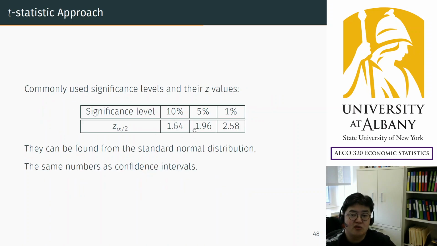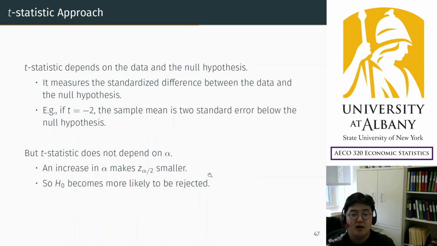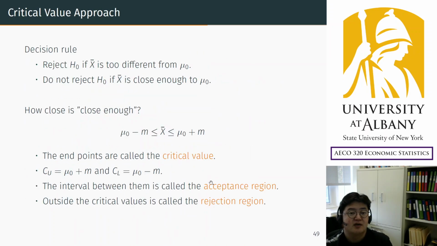Okay, so also the common numbers: 10%, 5%, 1% correspond to these numbers. And remember, these are identical to the numbers we used for the confidence intervals, because they are from the same picture, same graph. Okay, this is it.